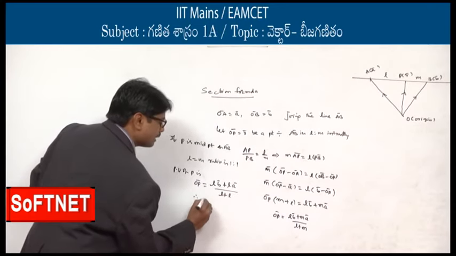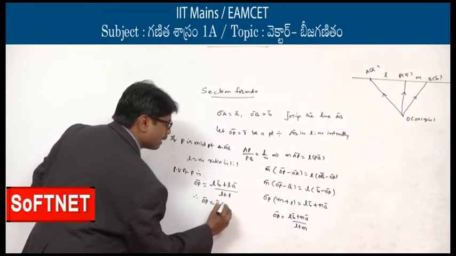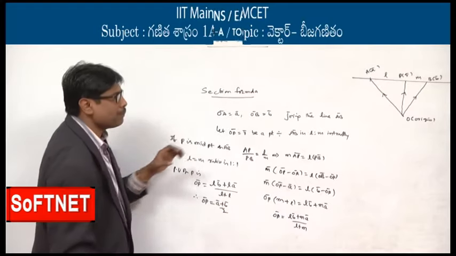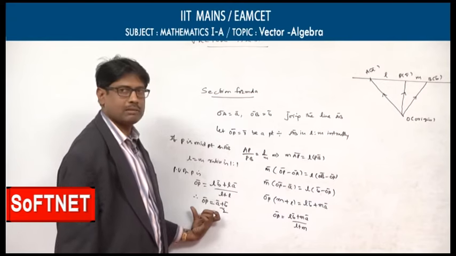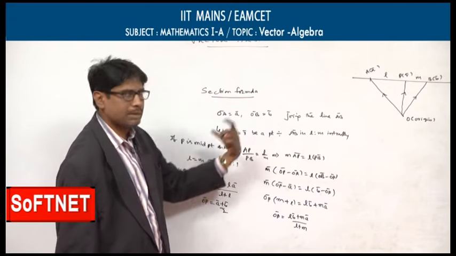Therefore, OP bar is equal to (A bar plus B bar) by 2. If P is the midpoint of AB bar, the position vector of P is A bar plus B bar by 2.